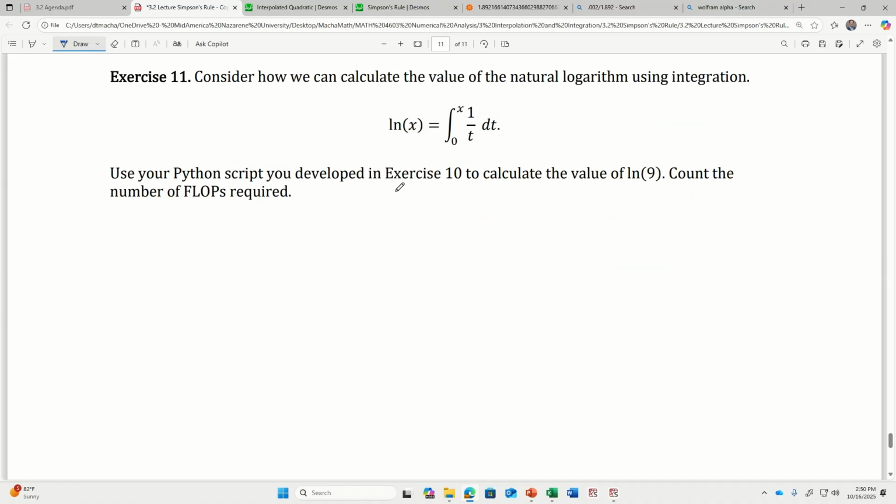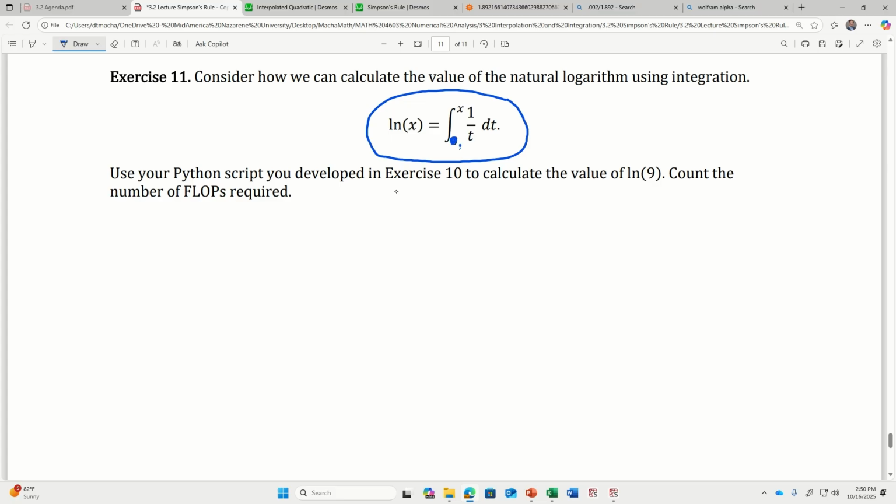Exercise 11 says, consider how we can calculate the value of the natural logarithm using integration, right? Because what's the antiderivative of 1 over x? Natural log of x. Yeah, thank you. So this is one way to define the natural logarithm. Let's use the Python script I developed in exercise 10 to calculate the value of natural log of 9. Oh, shoot. That's not right.